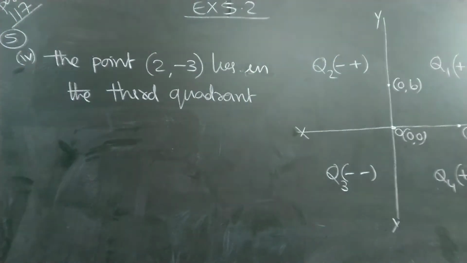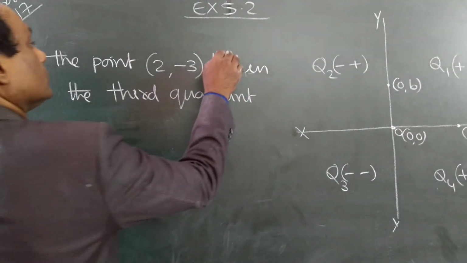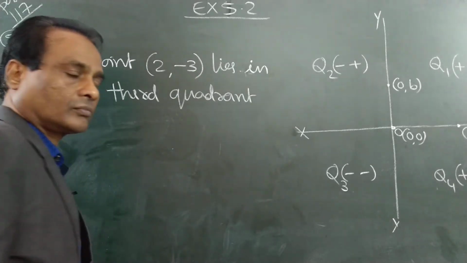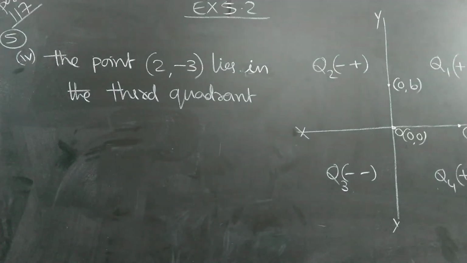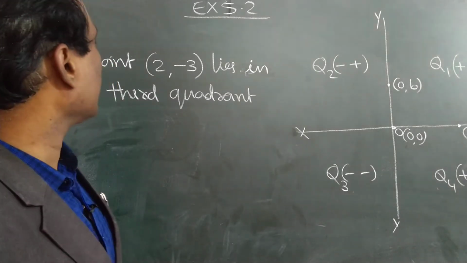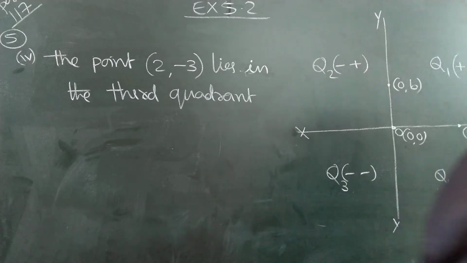The point (2, minus 3) lies in the third quadrant. Is it true or false? (2, minus 3) lies in the third quadrant, true or false?